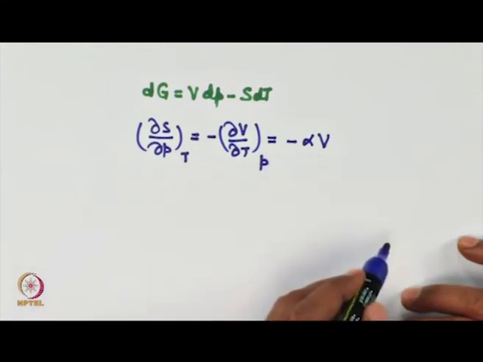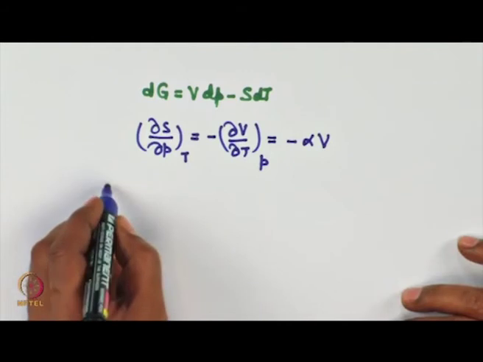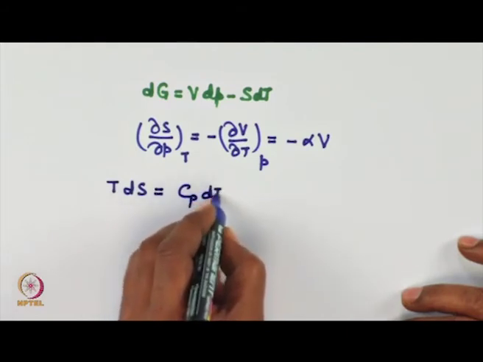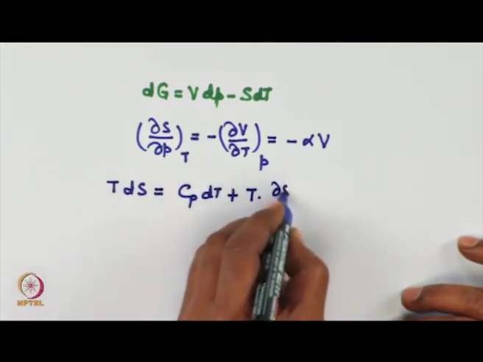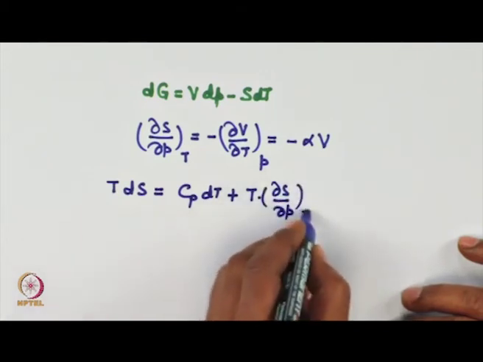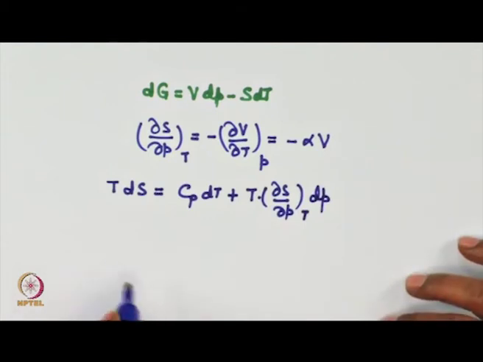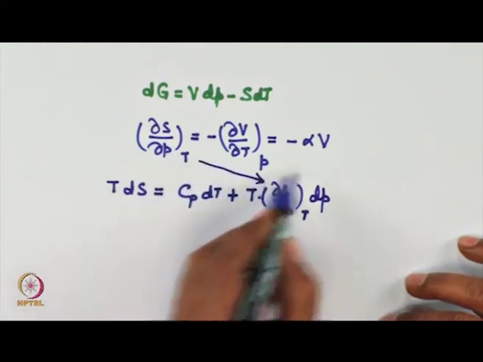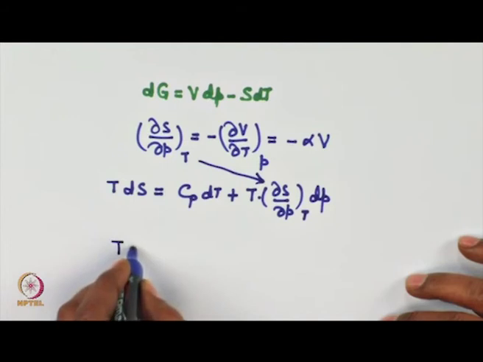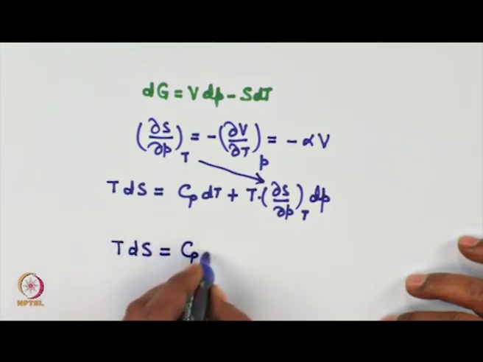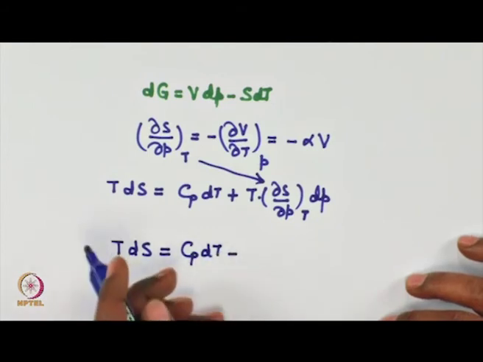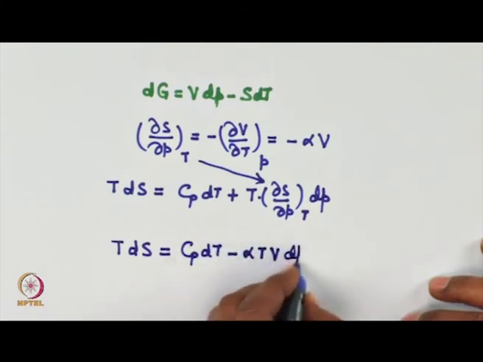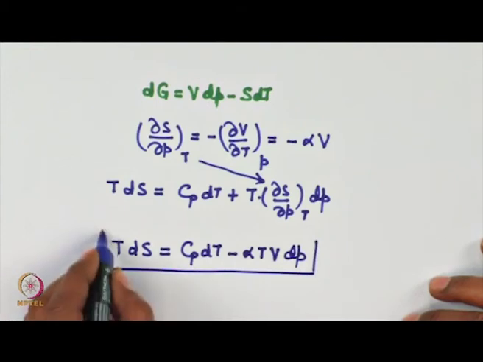This is equal to minus alpha V. So now if I substitute in the equation that we just derived, that TdS is equal to Cp dT plus T into dou S dou P at constant temperature dP, and for this dou S dou P at constant temperature I put minus alpha V, I end up with TdS is equal to Cp dT minus alpha T V dP. This was the required answer.